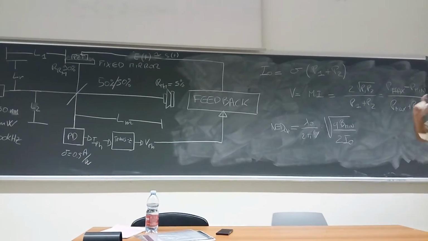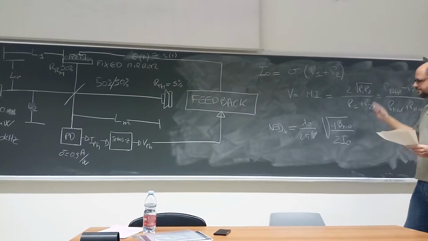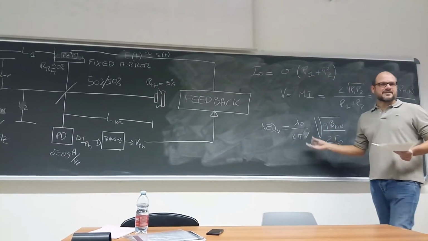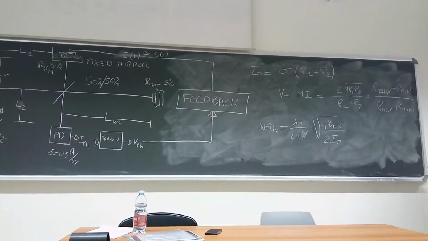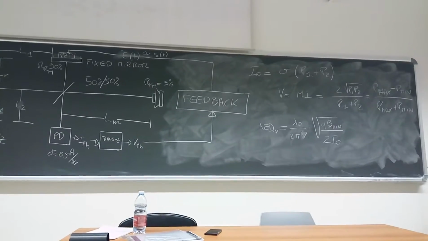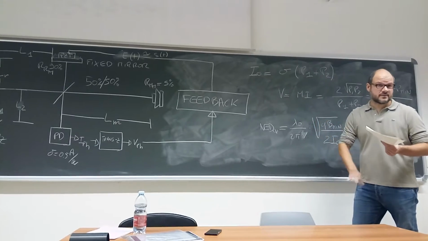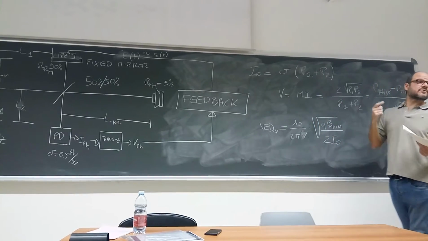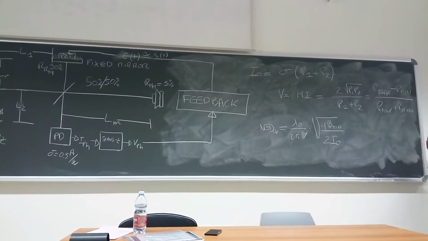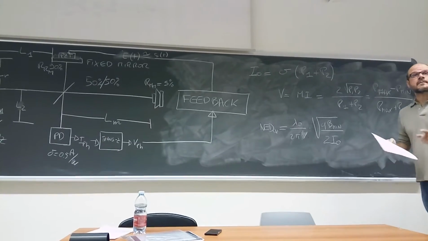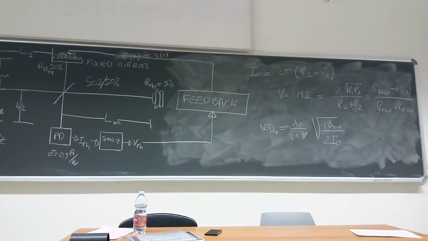What is important to say is that in this condition, even if the fringes visibility value is 1, the limit related to the quantum noise is always lower than the limit related to the phase noise. Sorry, I think there is a factor 2 in there.